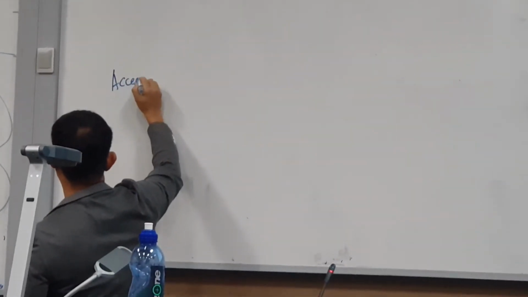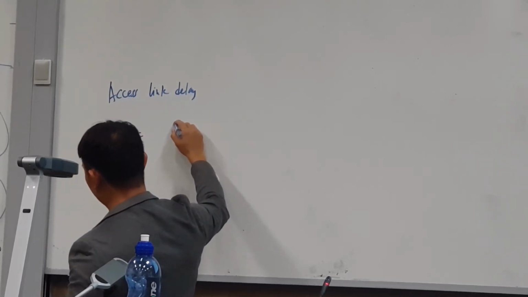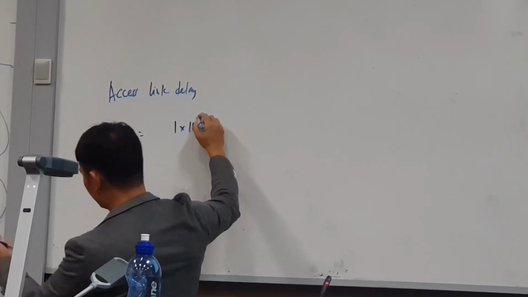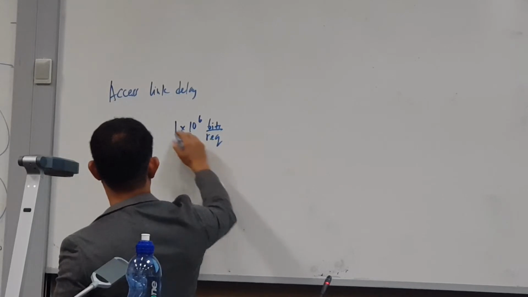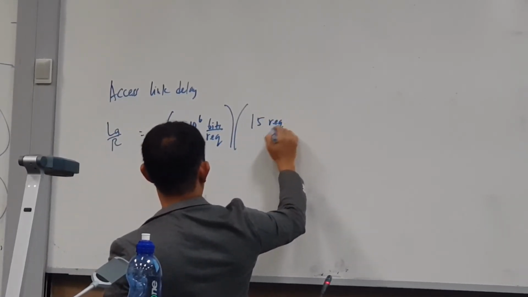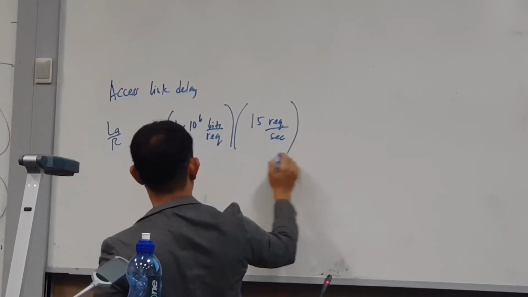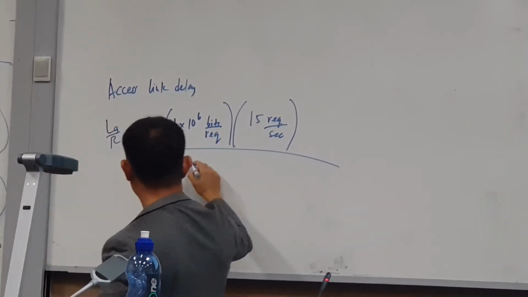So using the same strategy, obviously it comes at a lower bandwidth. If you plug in all the parameters in the same formula, LA over R, we will end up with the same 1 times 10 to the 6 bits per request, multiplied by 15 requests per second. But the R is now equal to 15 megabits per second.